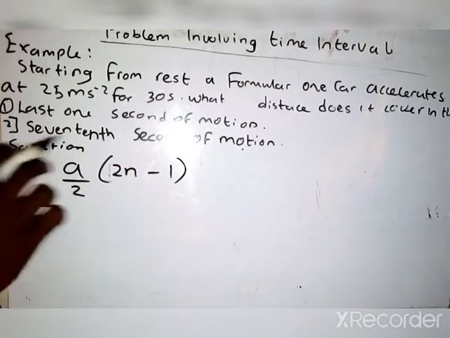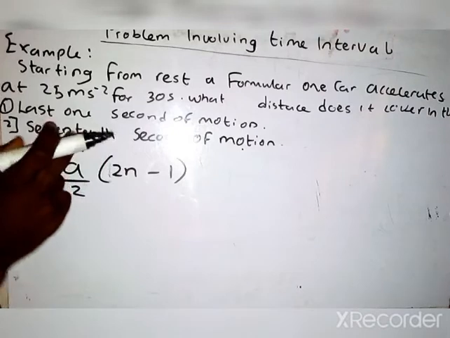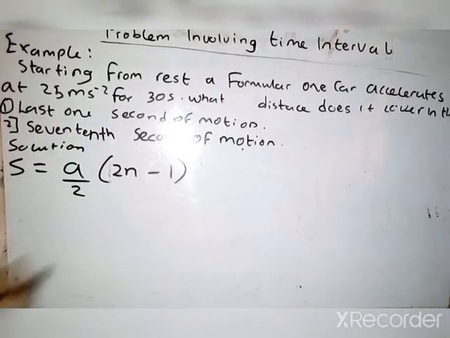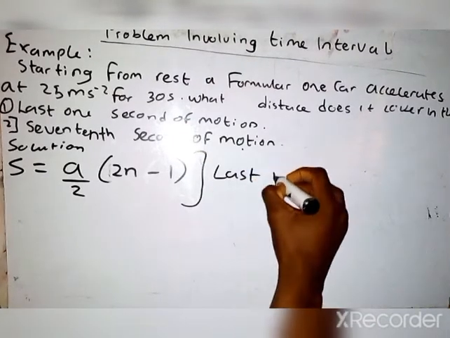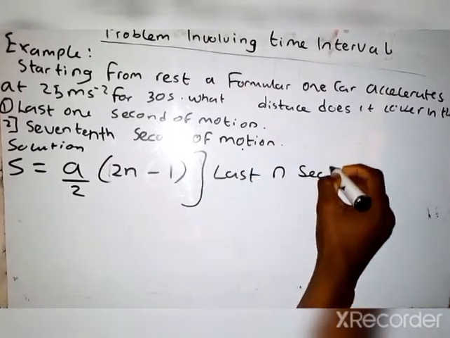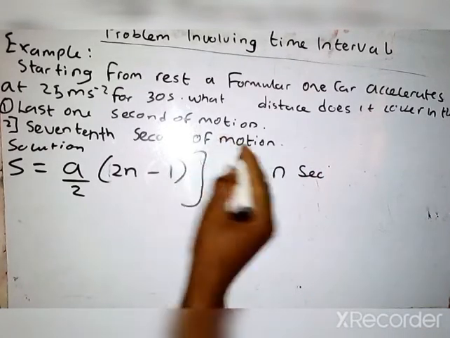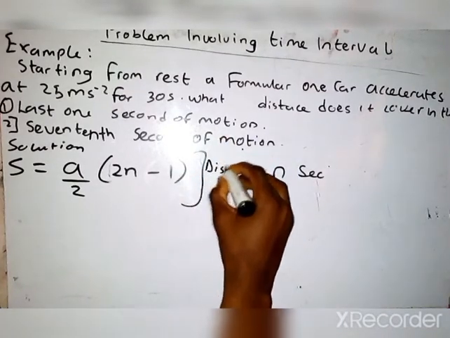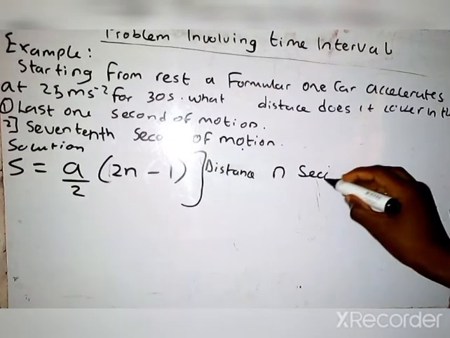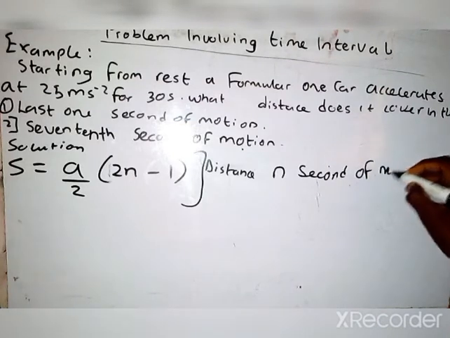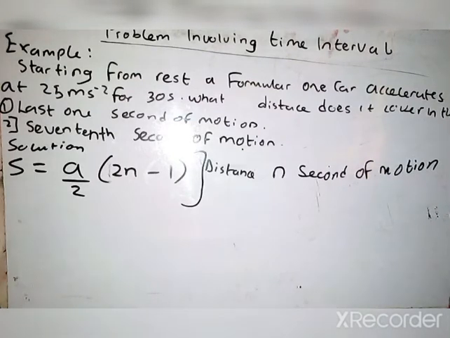So this will only work for n seconds of motion, the distance in the nth second of motion, where our n is the number of seconds given. So the number of seconds given here is 17. So now let's apply it.